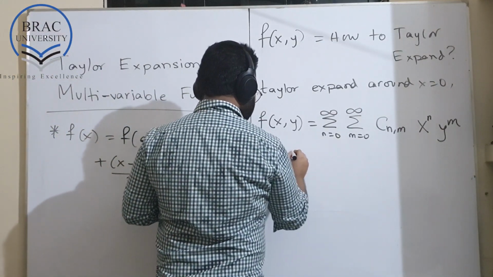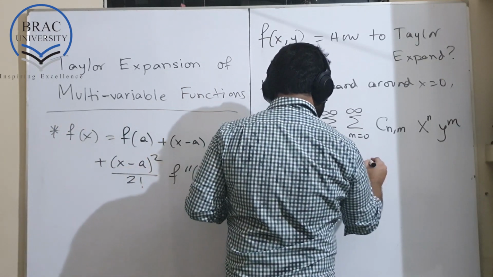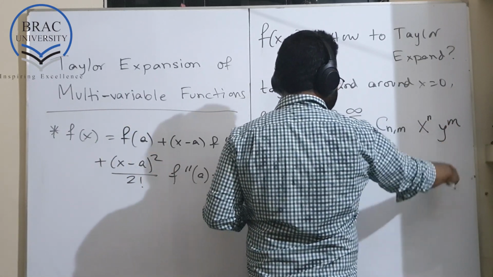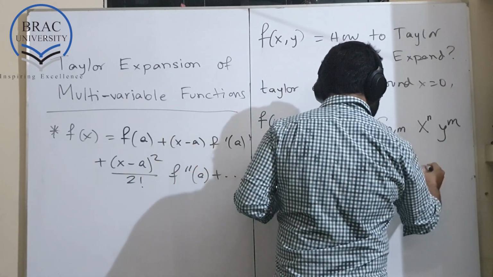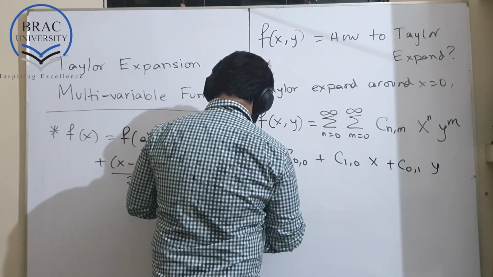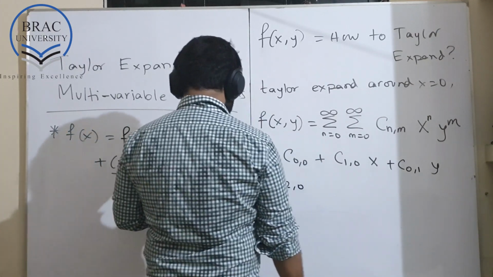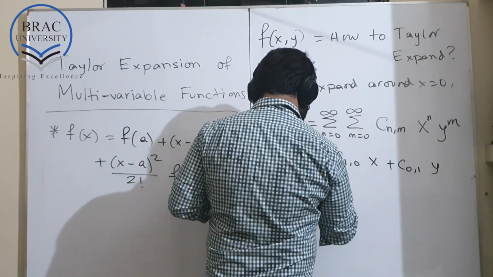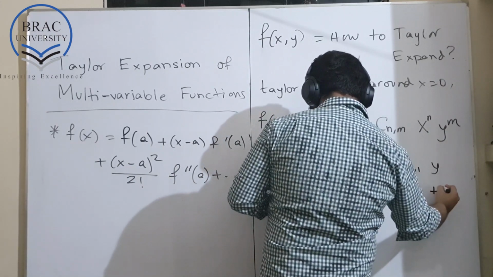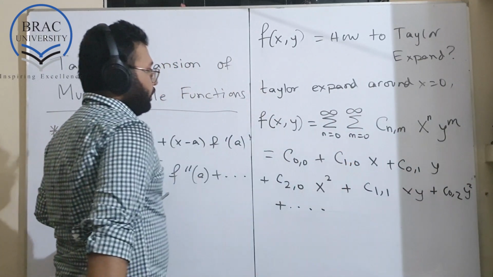So if we write it out, the first one is c_00, which is 1, plus c_10 x, plus c_01 y, plus c_20 x squared, c_11 xy, c_12 y squared, and so on.